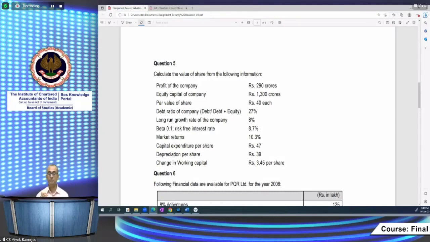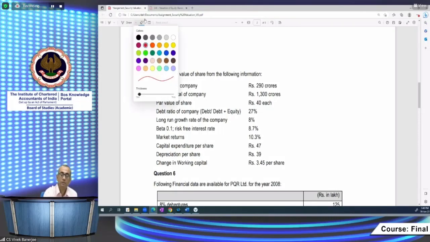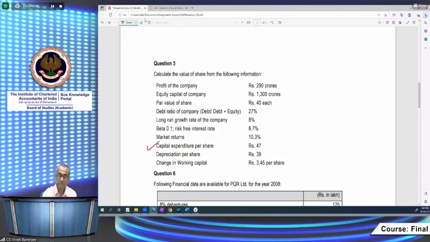By comparing these figures, the terms used in this particular question, for example, capital expenditure, depreciation per share, change in working capital.